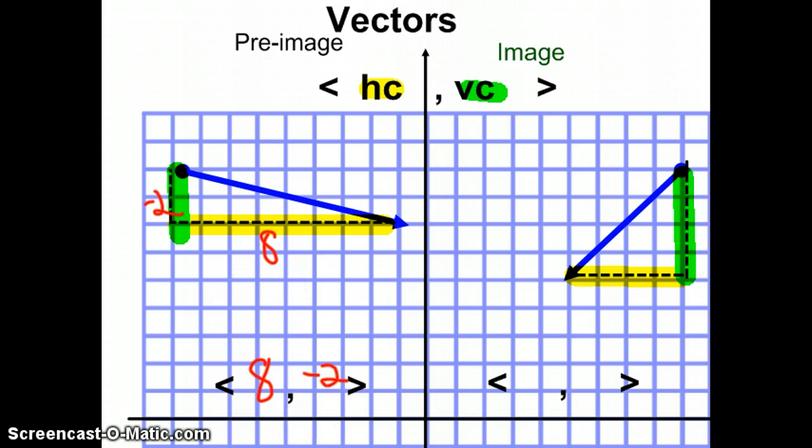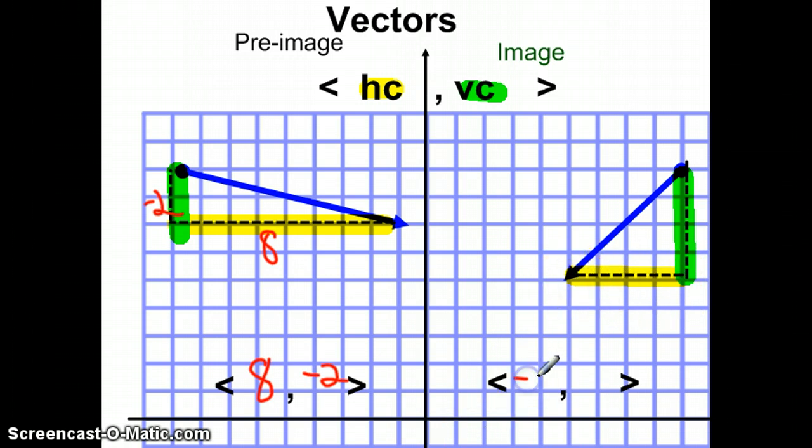Now let's take a look over here. In this case, if I start from the initial point's horizontal component and go to the terminal point's horizontal component, I actually have a negative horizontal component because I'm going to the left. So I'm going to the left 1, 2, 3, 4.